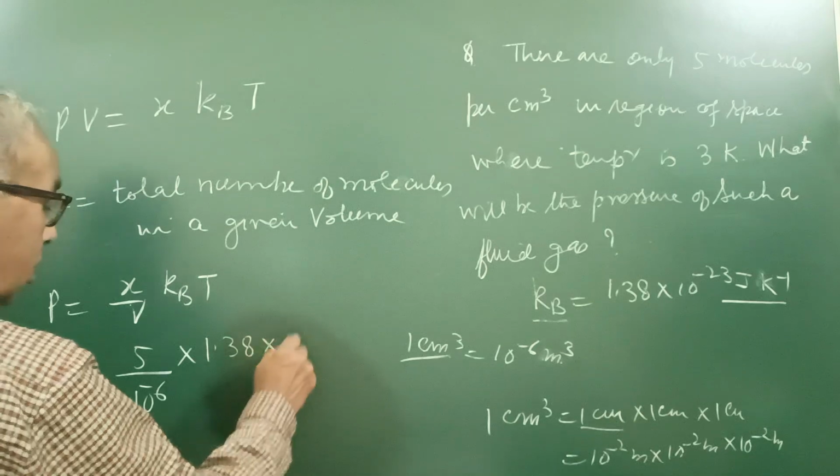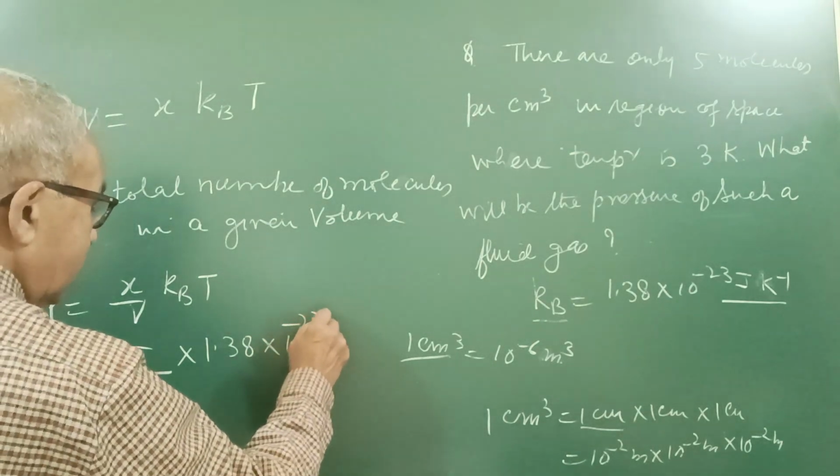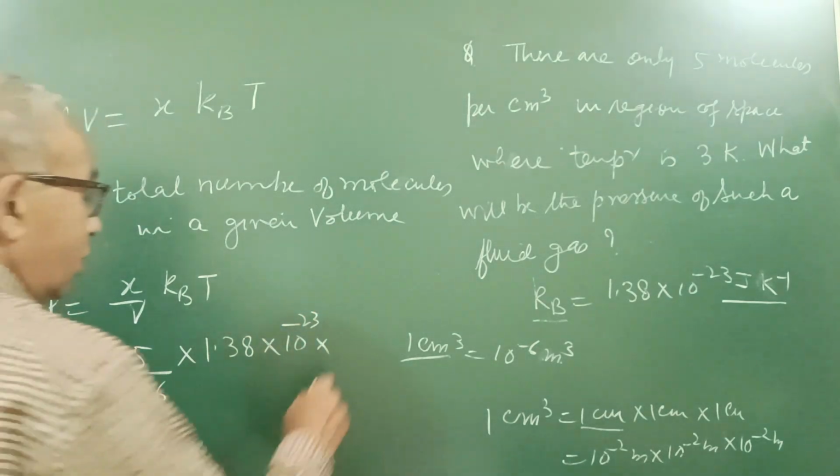kB is 1.38 × 10^-23. Temperature is 3 Kelvin.